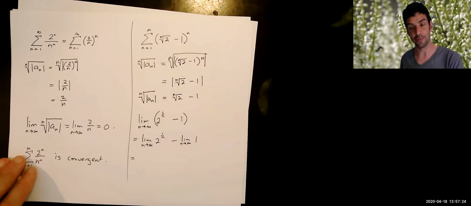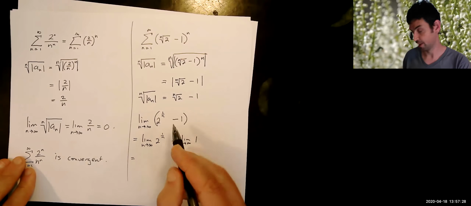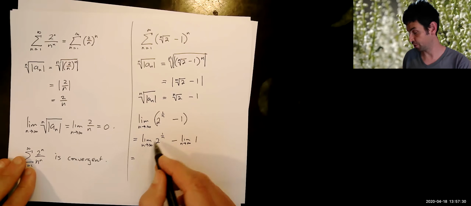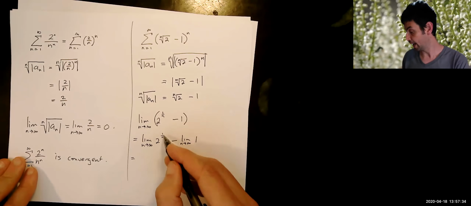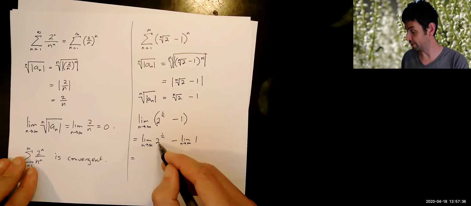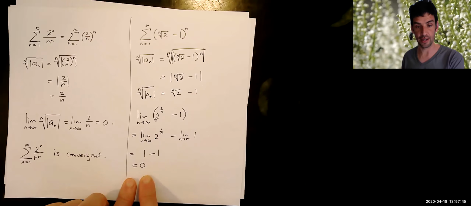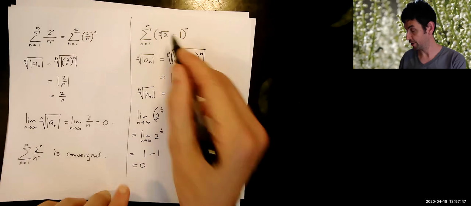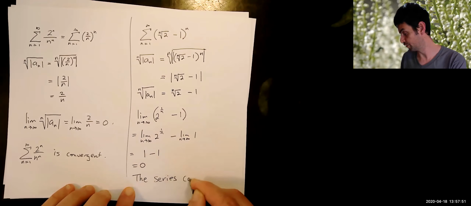We can take the limit inside, and the limit of 2 to this expression is the same as 2 to the limit of this, right? And it turns out the limit of 1 over n is 0, so 2 to the 0 is 1. The limit of a constant is a constant, we get 1, we get 0. So again, we've got a limit of 0 in this case, and we know now that our series converges.